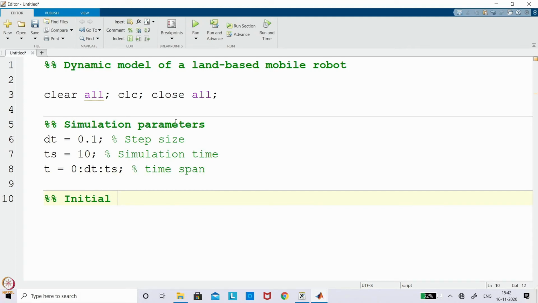So the condition would change. In the sense, what are the things you have to do? You have to define eta. So I am defining eta naught, which is x naught, y naught and psi naught. I am taking that as 0 0 just for convenience, but we will change it later on. This is the initial position and orientation.